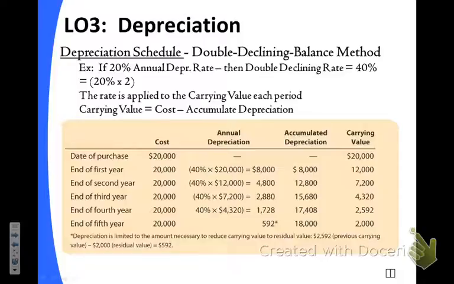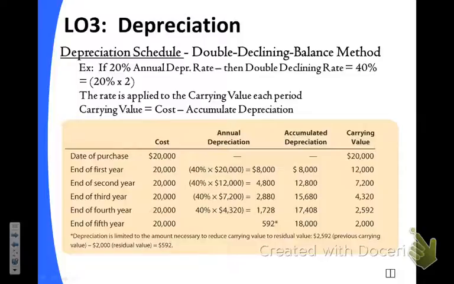That brings our accumulated depreciation to $18,000, and it brings our carrying value to the anticipated residual value of $2,000. That $2,000 is what we would carry that asset on the books for indefinitely, until we actually sold or discarded that asset.